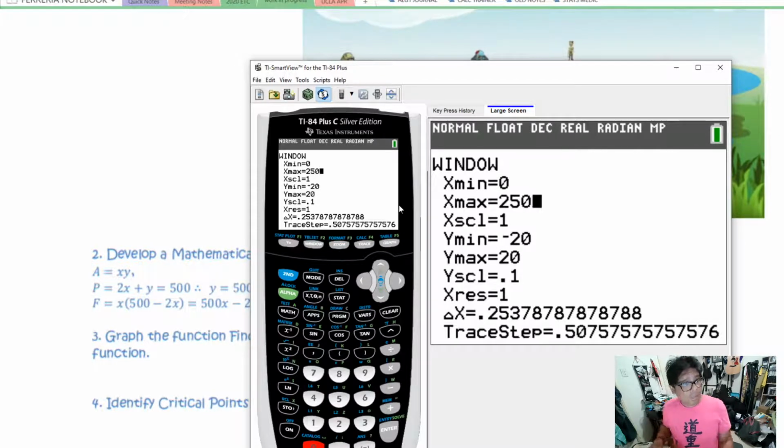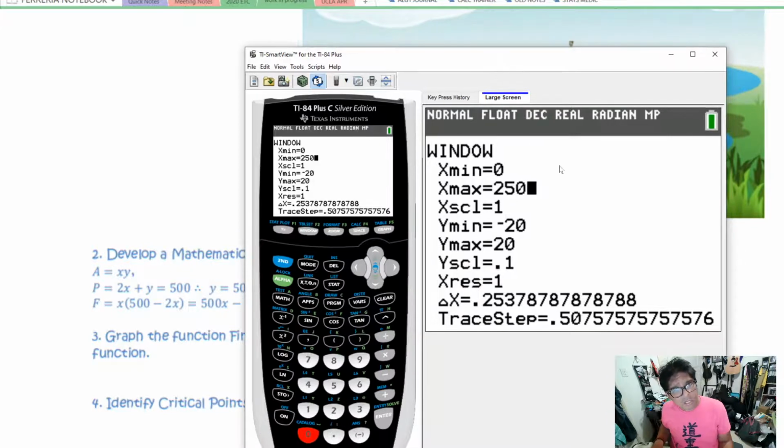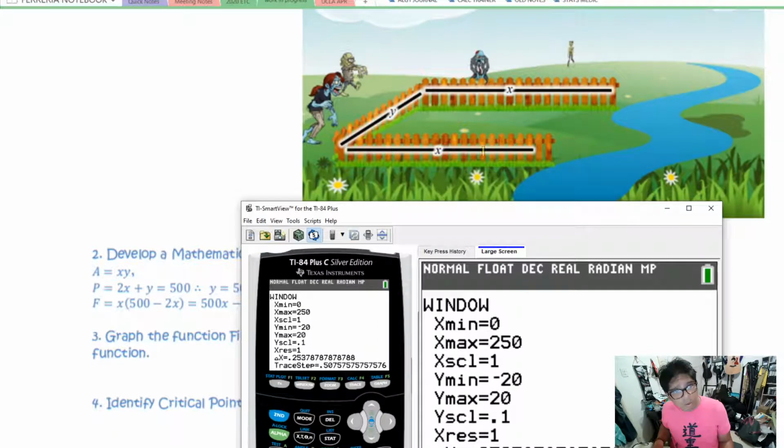Okay, do I know what the maximum area of this is? Well, let's see. If x is somewhere in here, let's say 100, so let's pretend that we make a square here, 100 by 100. I'm picking 100 because it's about half of 250.